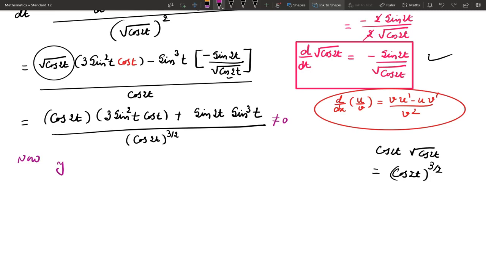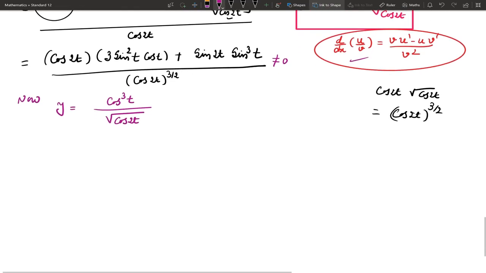Y equal to cos cube t upon root cos 2t. Again we use the division formula, d by dx of u by v: v into derivative of u minus u into derivative of v, upon v square.